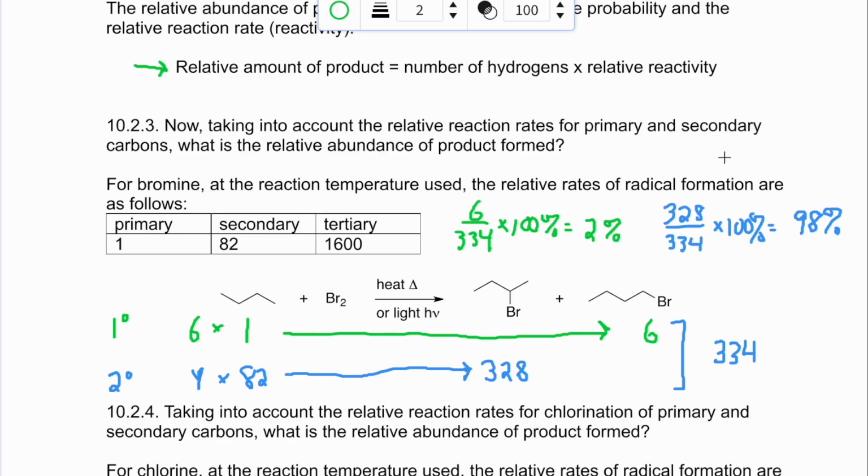So if we figure out the percents, out of that 334 molecules, only 6 are going to be the 1-bromobutane. 6 out of 334 represents about 2% of the product being the primary halide, and then 328 out of 334 makes about 98% of the product being the secondary halide.